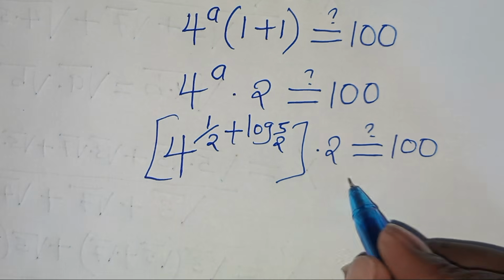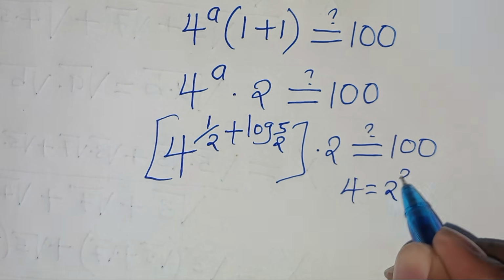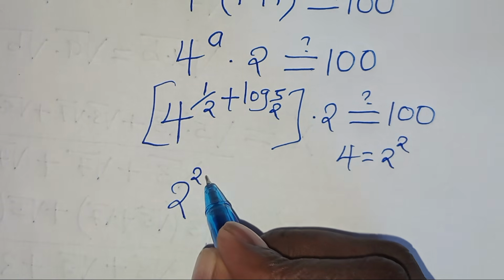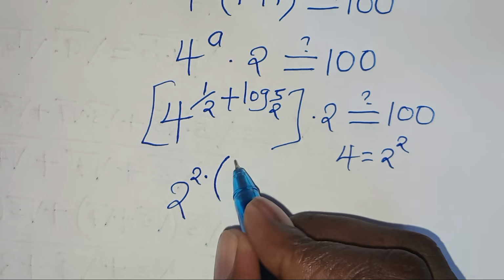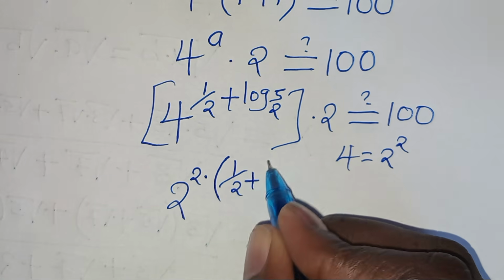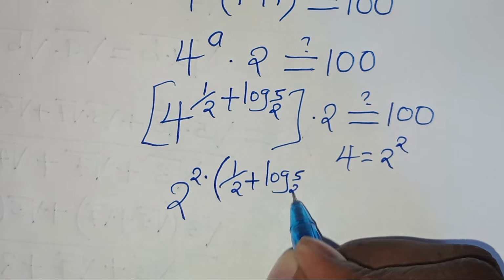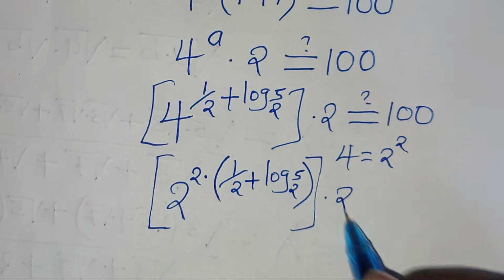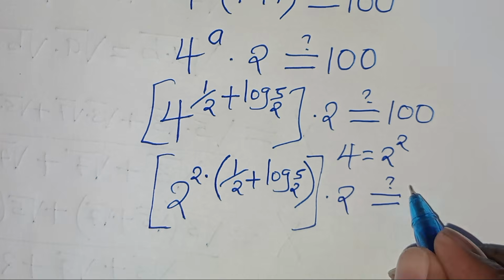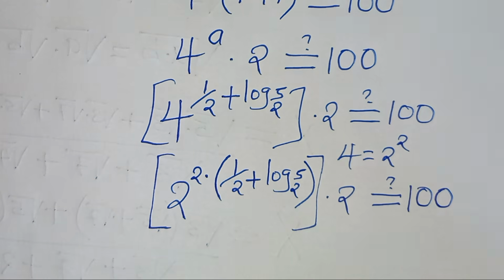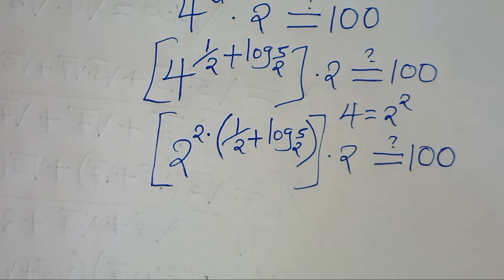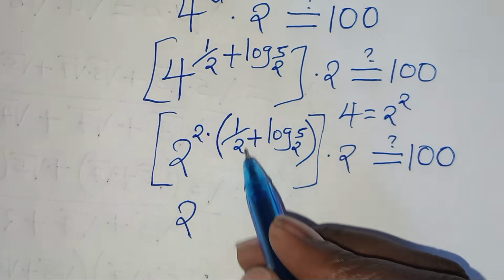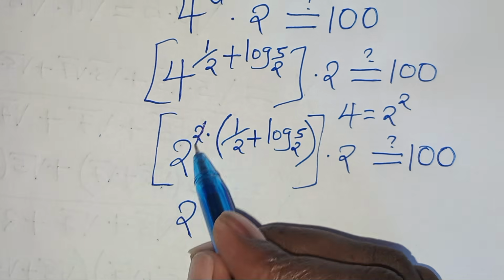Let's express 4 as 2 to the power of 2. So this is 2 raised to the power of 2 multiplied by a, which is half plus log 5 to base 2. Everything here multiplied by 2. This should give us a value of 100. So this means that we have 2 raised to the power of a half times 2 here. This simplifies.